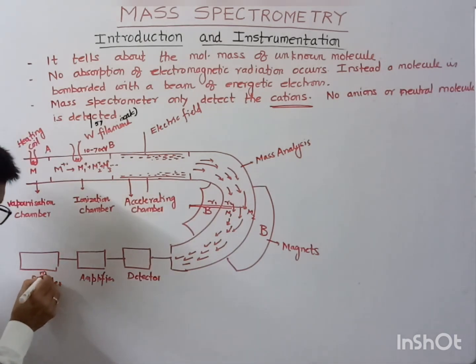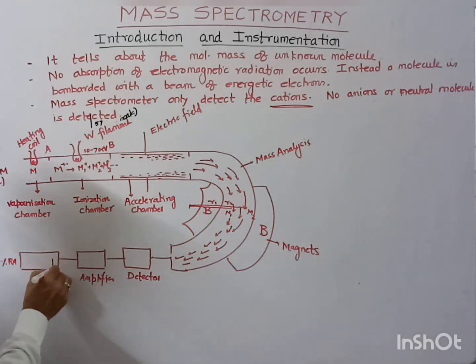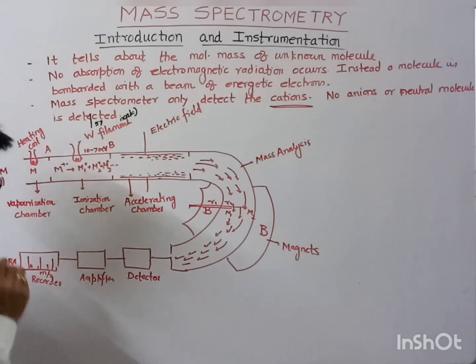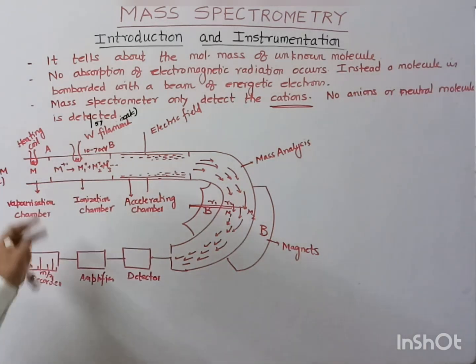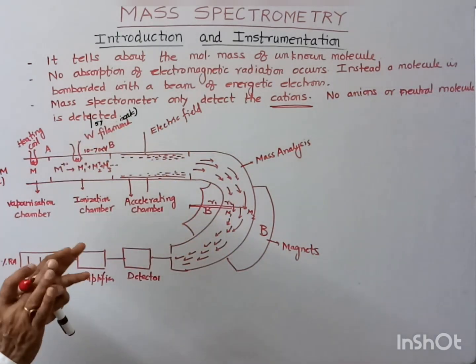The recorder will give the mass spectrum between relative abundance and M by Z value. So like this we will get the mass spectrum.